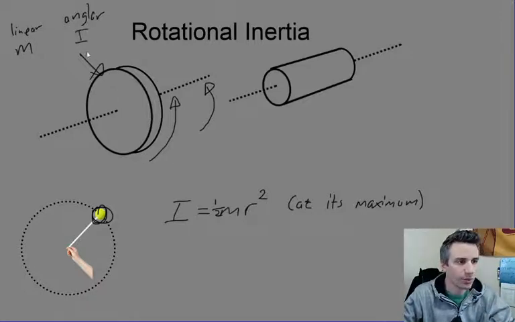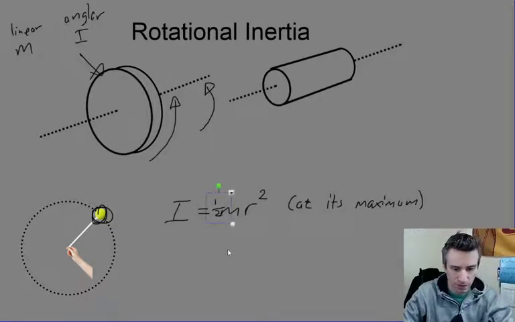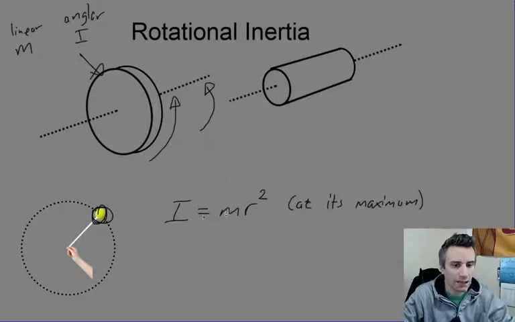So we represent it with the letter I, capital I, and at its maximum, in fact, I actually have something here that I need to erase. Let me get rid of that 1/2. At its maximum, rotational inertia is equal to mr squared, meaning that it's equal to the mass of the object. And so let's assume here that this ball is the mass. The string is massless, and you're just whipping this ball around on a string, and all of the mass is in one fairly small location going around the circle.